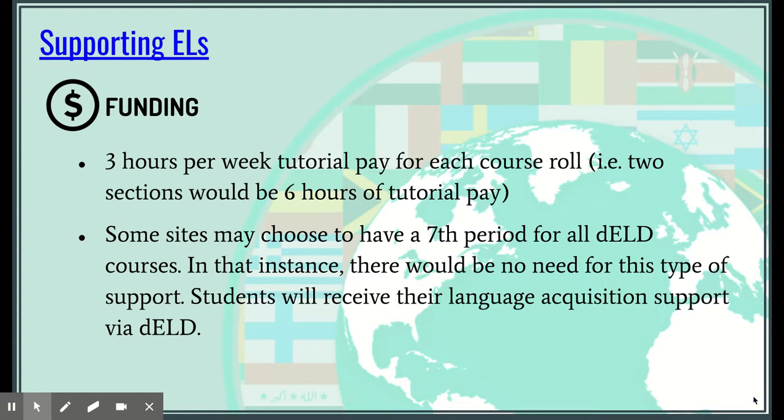If that is the case, then both of your courses happen during, let's say, quarter one, but not quarter two, then during quarter two, that teacher would receive up to 6 hours of tutorial pay a week to help support the students. We will get into what that looks like and how we will be logging in that information. But I do want you to know that I do know that it's a lot of extra work, and that's why we're trying to find compensation for teachers.